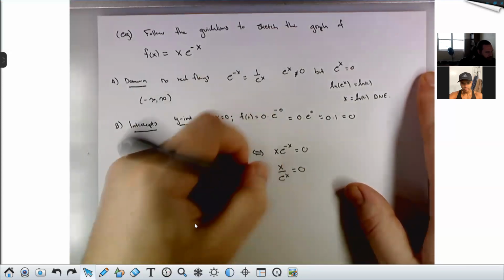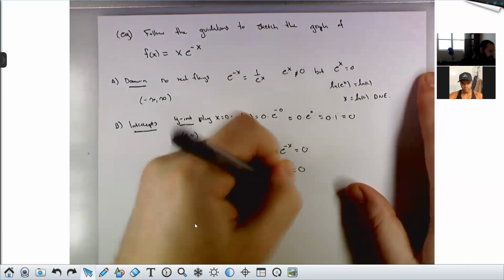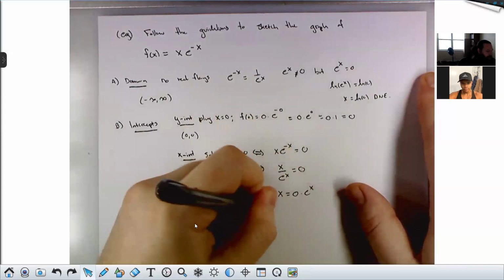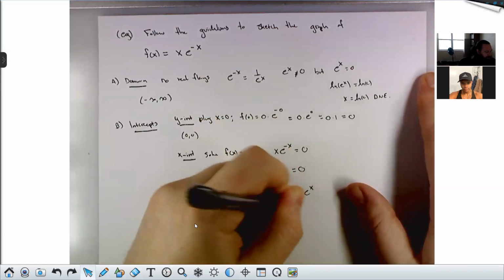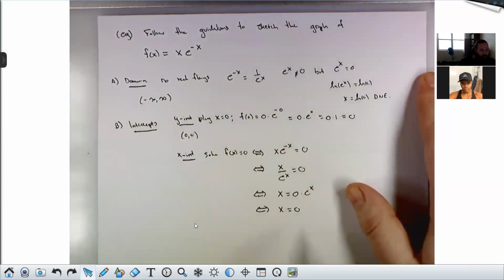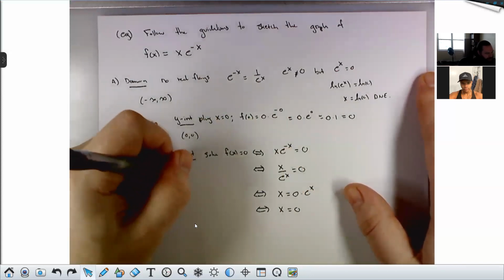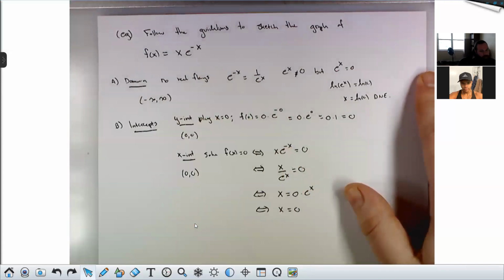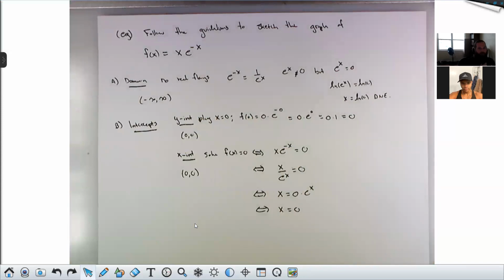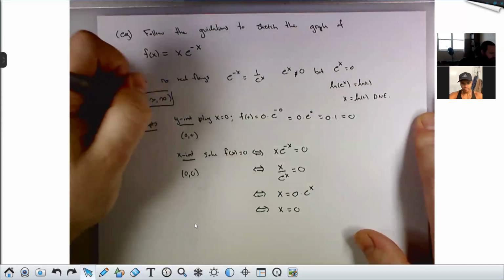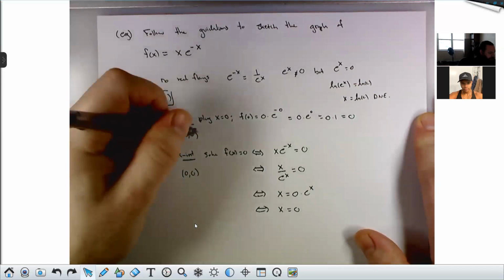And then if you cross multiply, you find that x is equal to 0 times e to the x, which is the same as just saying x equals 0, because e to the x times 0 is 0. So my x-intercept is also my y-intercept. There's only one intercept, it's the point (0, 0). If you want to, you can keep track of these things as we go, so they're easy to find when we look back for them later.